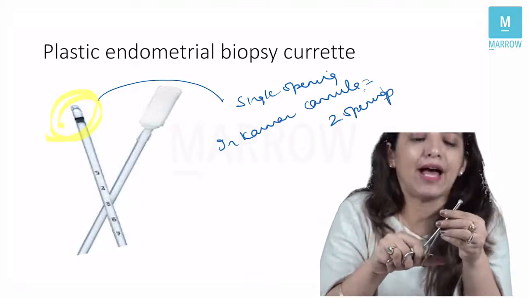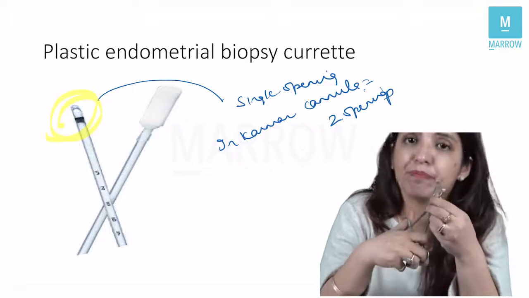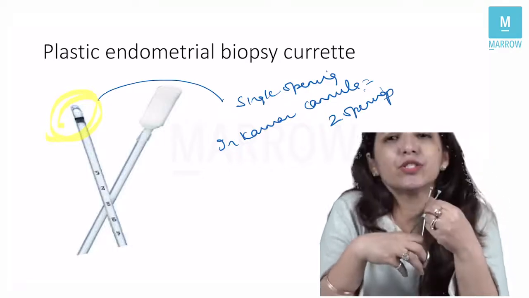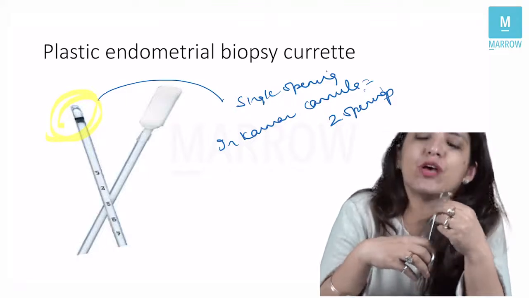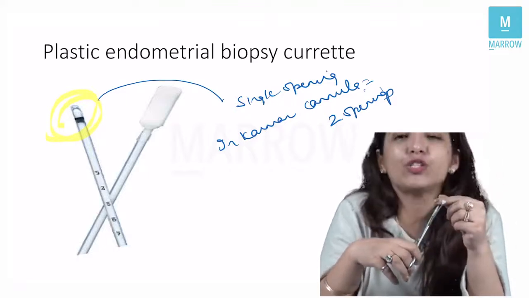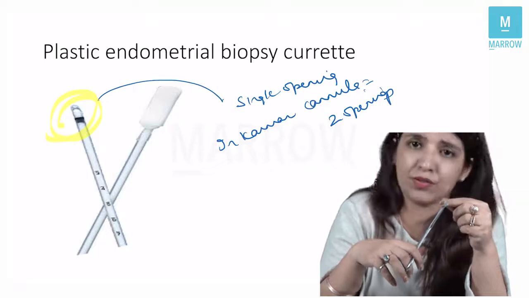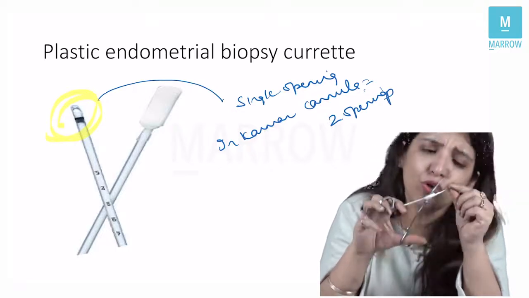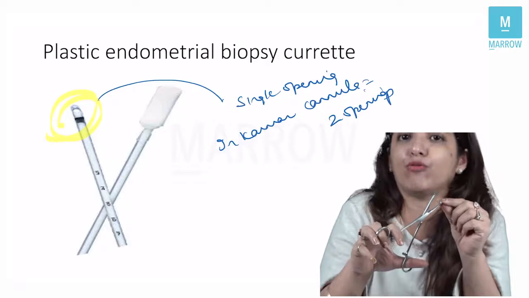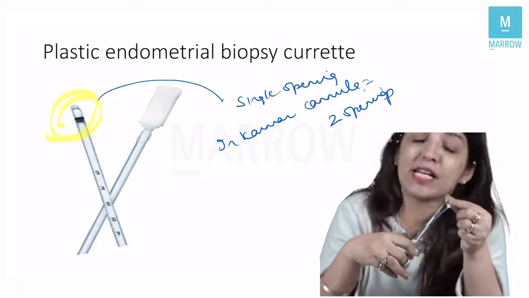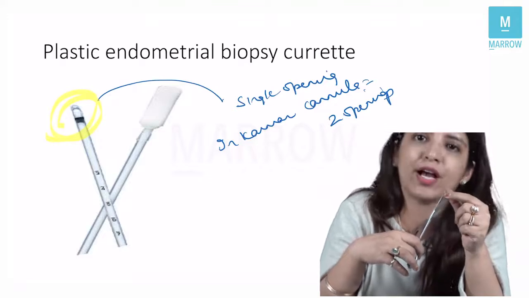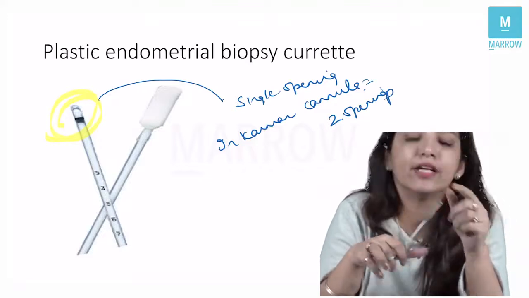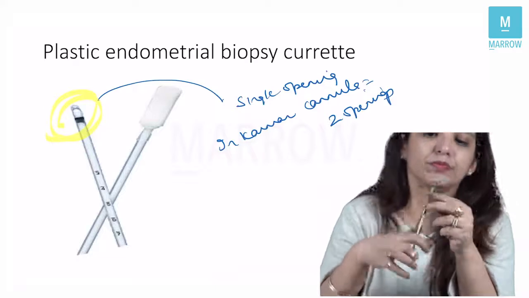Now open the Alice forceps and then see the tip. This is especially for the undergraduate students, final year students: whenever you get an instrument, please do not be in haste to answer what the instrument is. Look at the instrument very carefully, examine it and then give your answer, because the examiner is definitely going to ask you the identifying features.